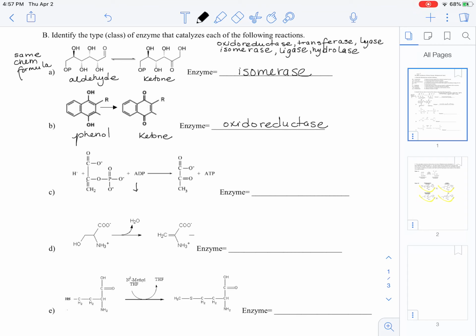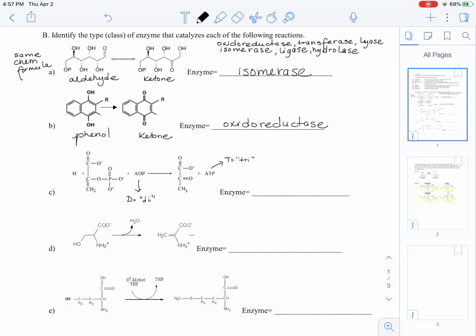On problem C on part B, we have two substrates and two products. From biology, I hope you remember that ADP is adenosine diphosphate, so the D stands for di. And in the product, we have ATP, which is adenosine triphosphate, so the T stands for tri.